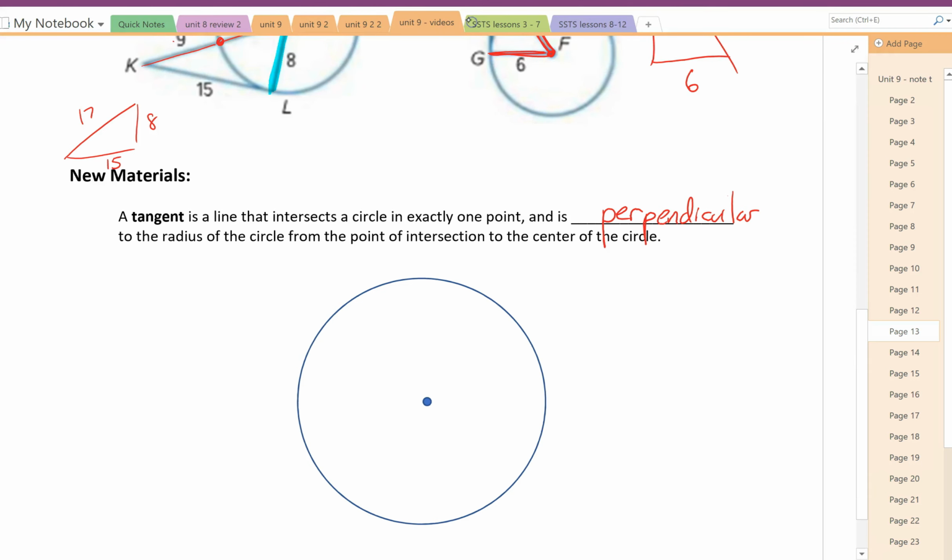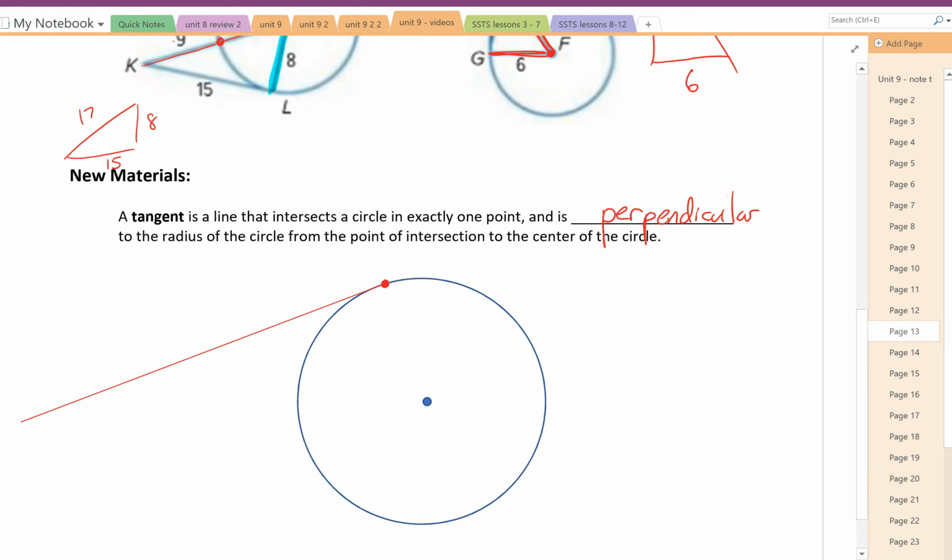If I have a line that starts somewhere outside of the circle and it touches the circle in exactly one point, and I know that my line there kind of intersects with the circle at more than one point, but let's say it only intersects right there.